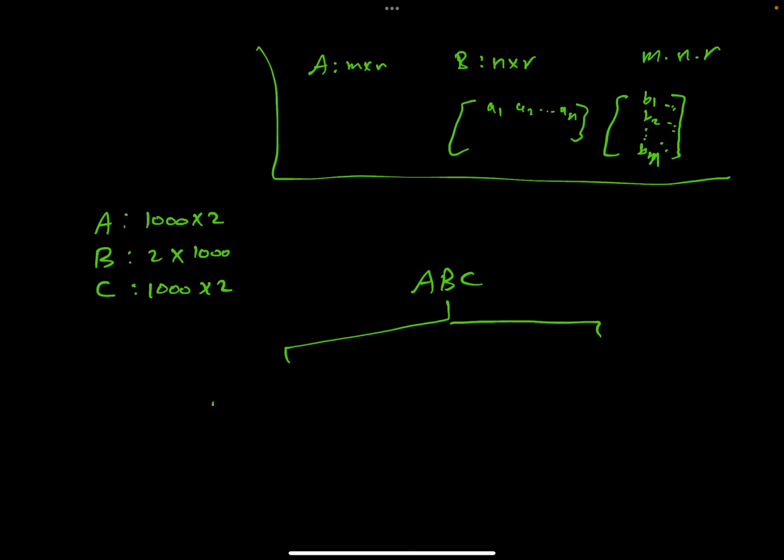So if I first multiply AB and then multiply C, let's see how much this costs. Let's look at first AB. A is 1000 by 2, B is 2 by 1000.